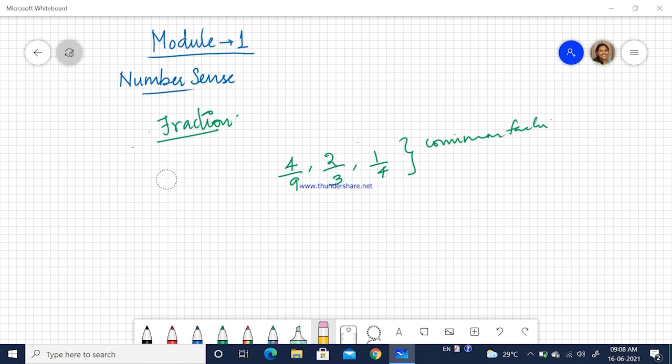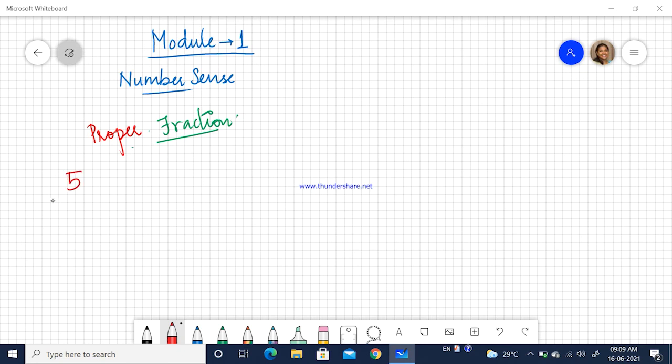So let's see what is a proper fraction. If I say 5 by 11, when you look at the numerator and denominator, the numerator is 5 and the denominator is 11.